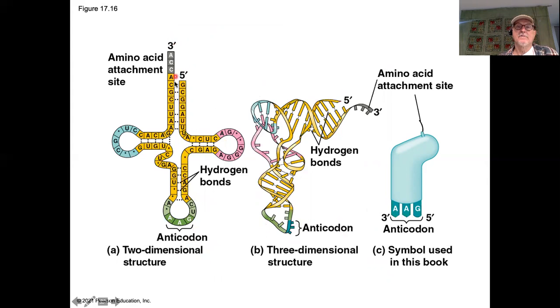A tRNA is a relatively short molecule. It's about 80 bases long. It's folded in space in a 3-dimensional shape. When you flatten it out like this, it is sort of a clover leaf, but this is more realistic here. It's like an upside down L shape. Remember, it's a single-stranded RNA molecule.